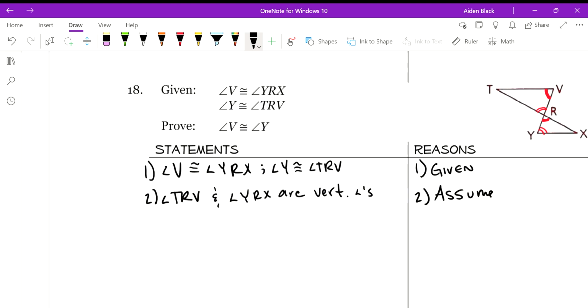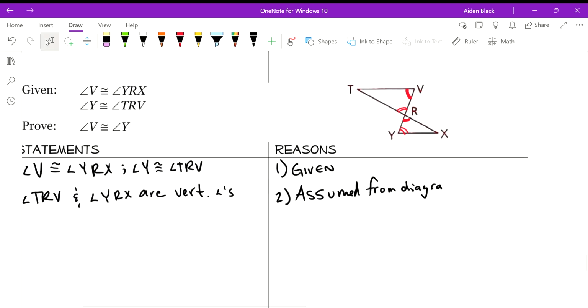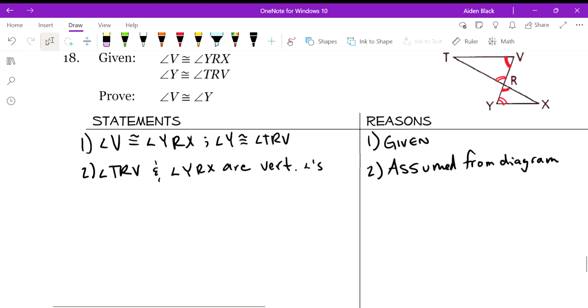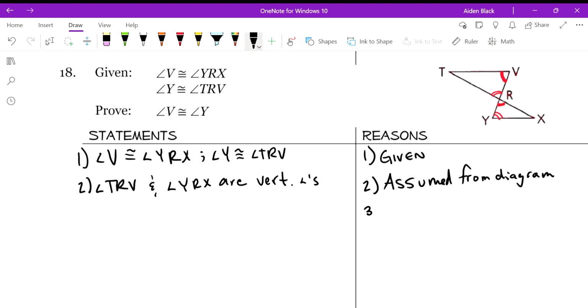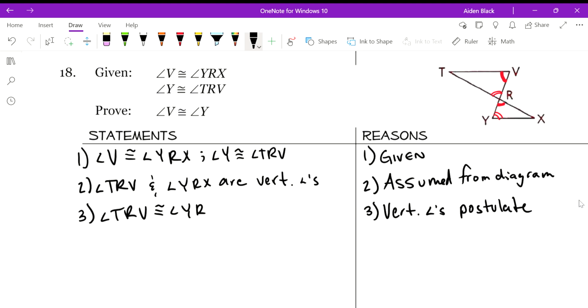I can assume it from the diagram. Okay. By the vertical angles postulate, what can we say? That those two angles are congruent.